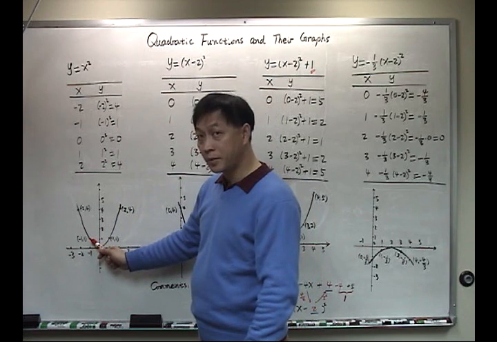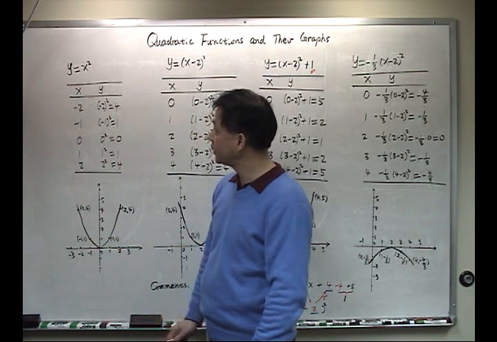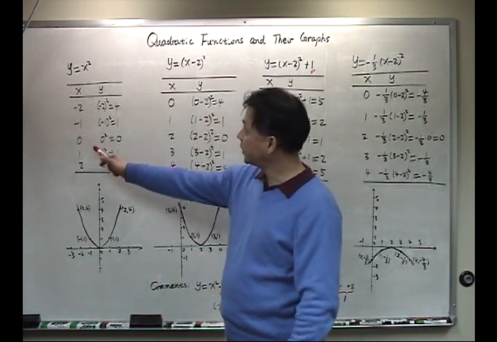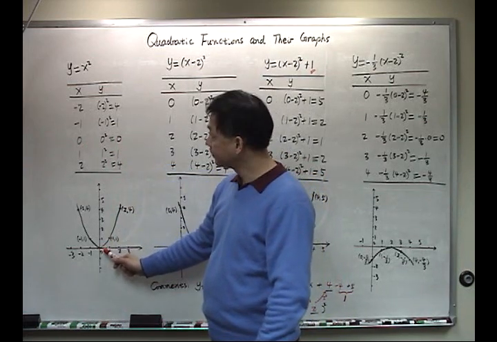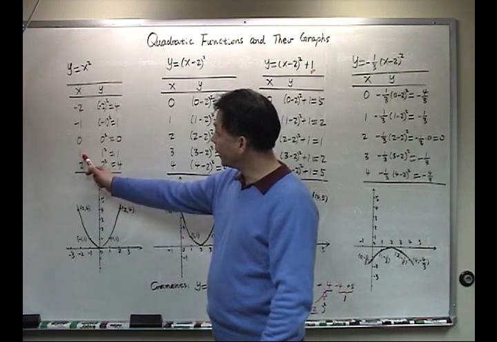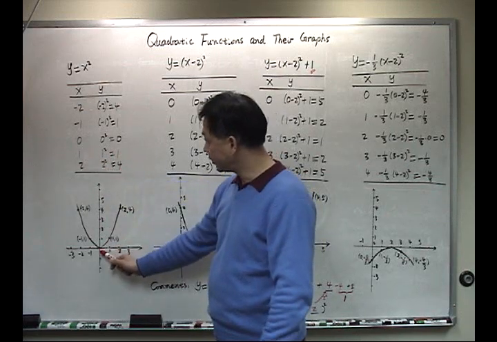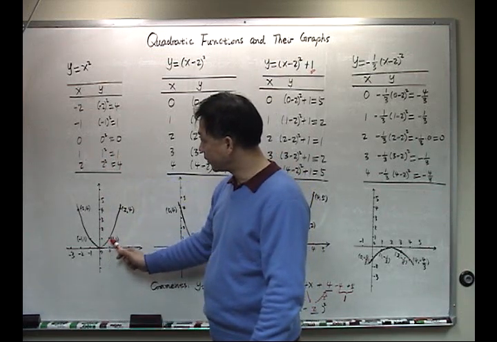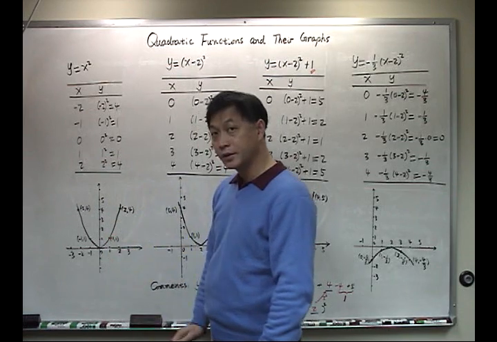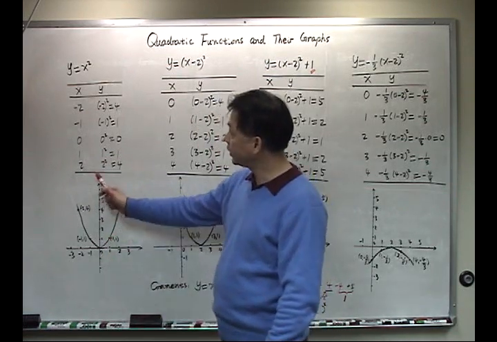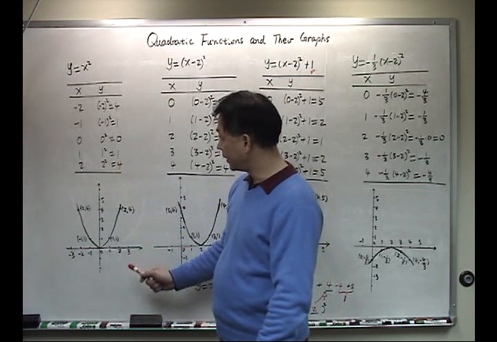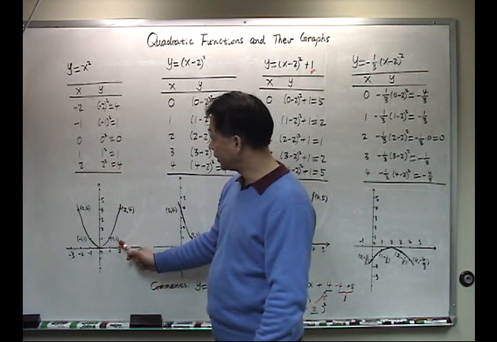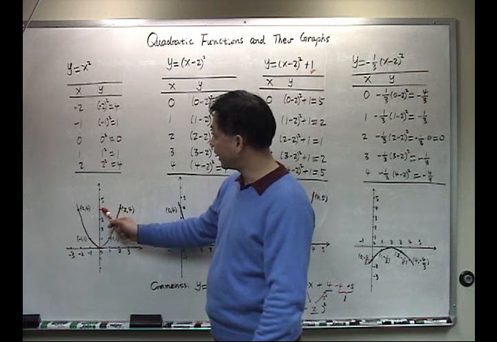So this is another point, the second point. X is 0, y is 0, so 0, 0, the origin. X is 1, y is 1, so 1, 1, this point. And then x equals 2, y is 4.